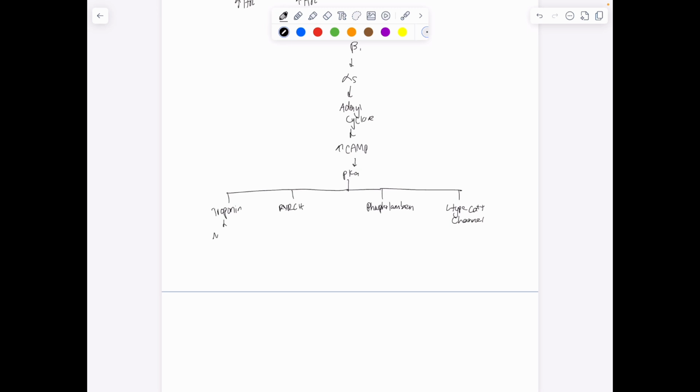So first, troponin. If you remember, we have our three different components, troponin T, I, and C. If it's phosphorylated, it'll make the calcium fall off faster, and then that will cause an increase in our lusitropy.